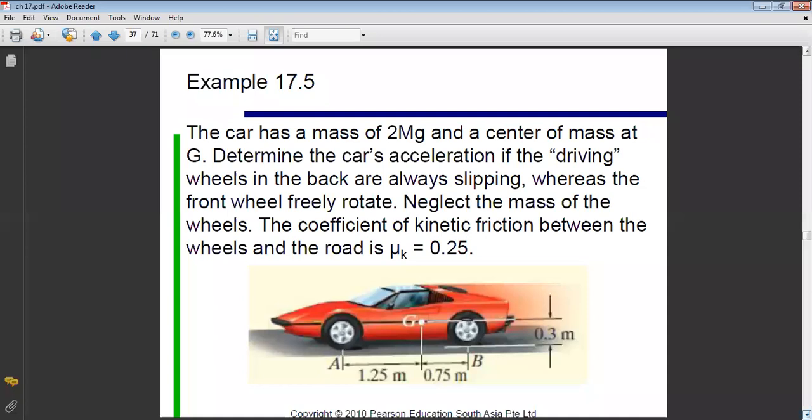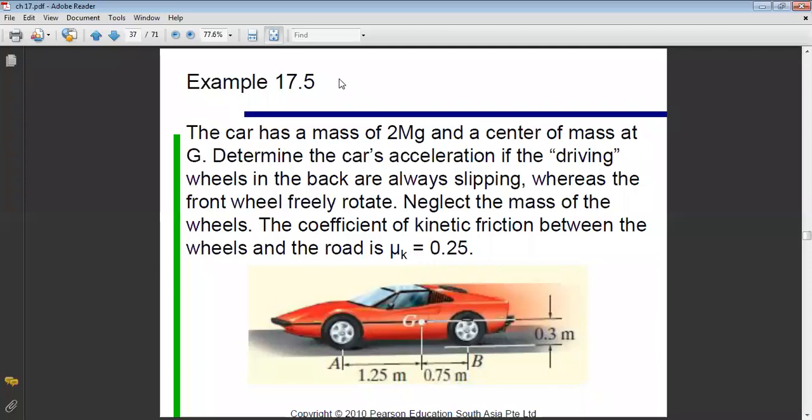Now, please pay attention to one thing. When they say the mass of the wheels is negligible, and I have wheels that are freely rotating with negligible mass, then I don't have friction on those wheels. While the back wheels are slipping, so they are subjected to kinetic friction.